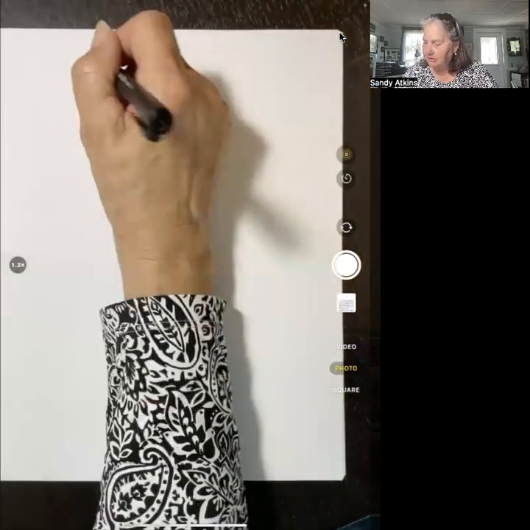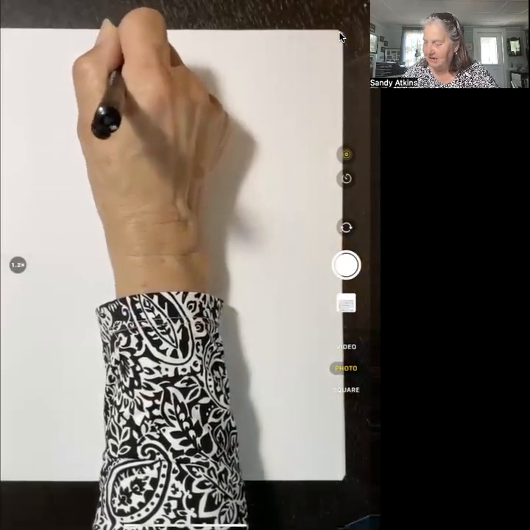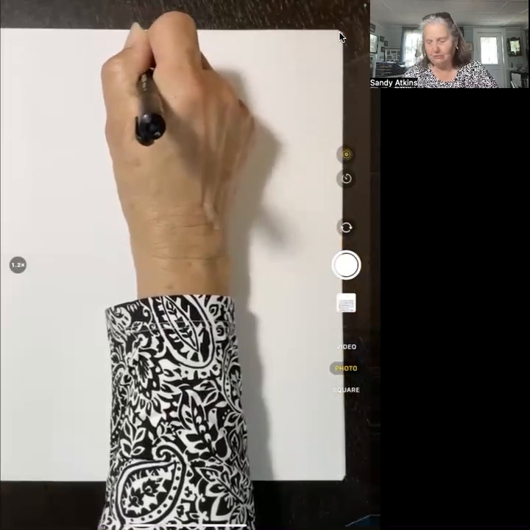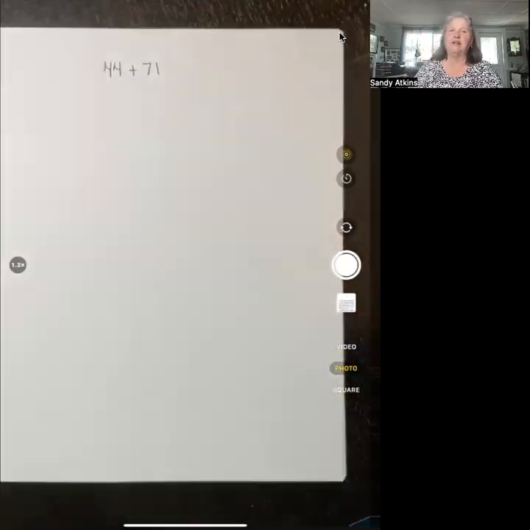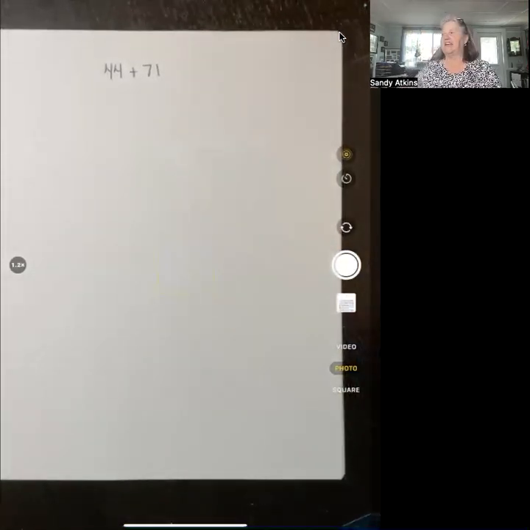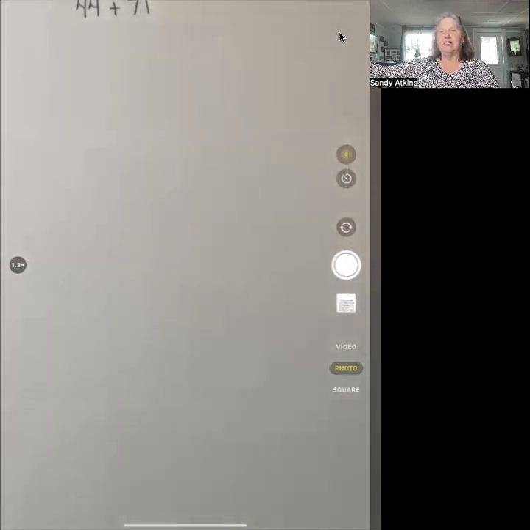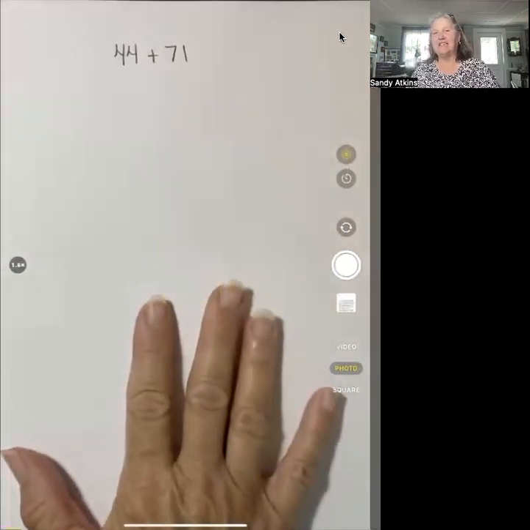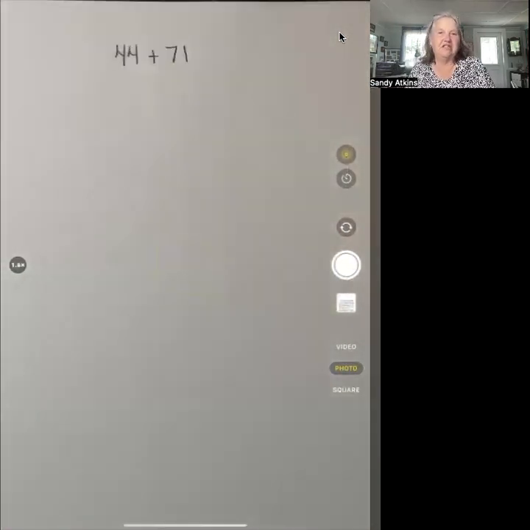Now, I'm going to start. If you went away, welcome back. We'll start with the 44 plus 71. Now, remember I said it is about combining like size units. So we have tens with tens and ones with ones.